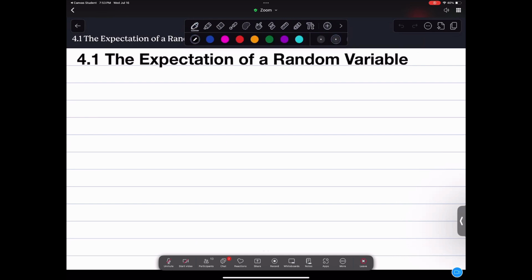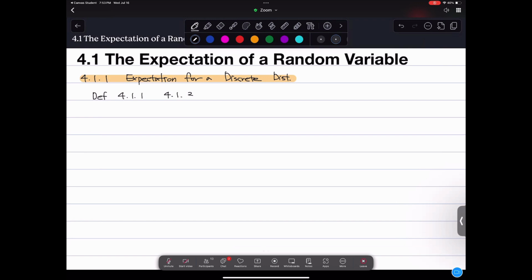Let's go 4.1.1, expectation of a discrete distribution. What does it mean by expectation? 4.1.1 and 4.1.2.